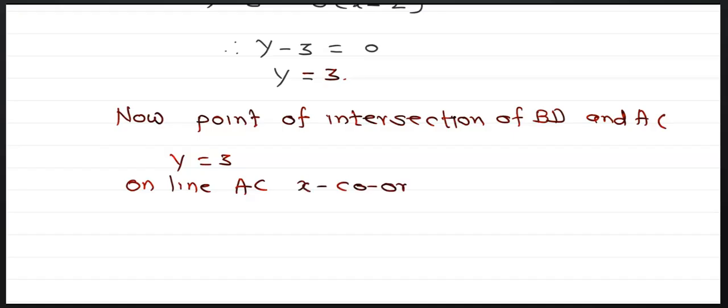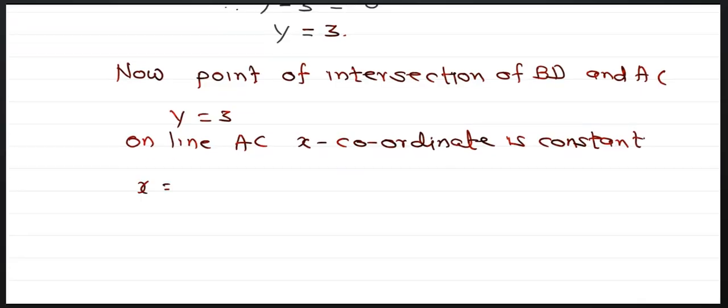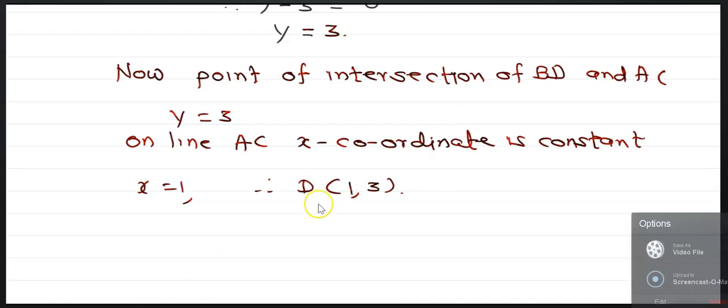On line AC, the x coordinate is constant, x is equal to 1. Therefore, the point of intersection D is (1, 3).